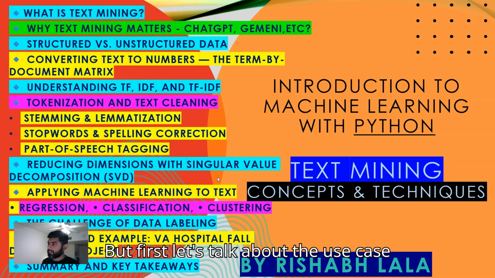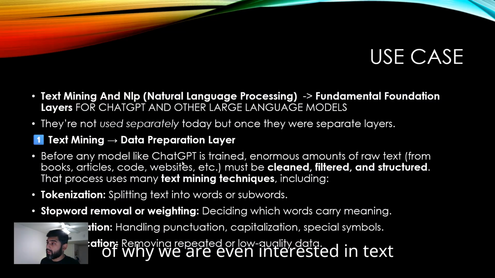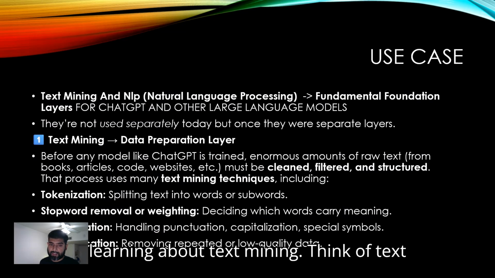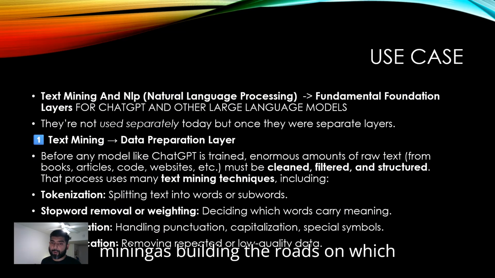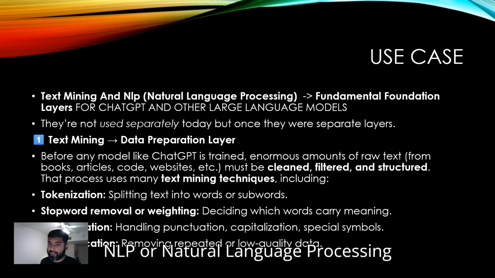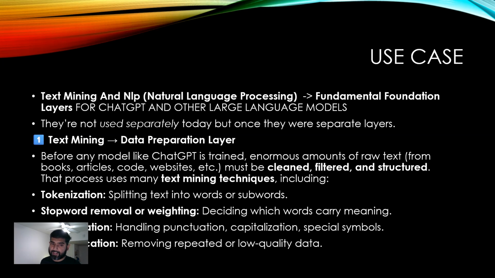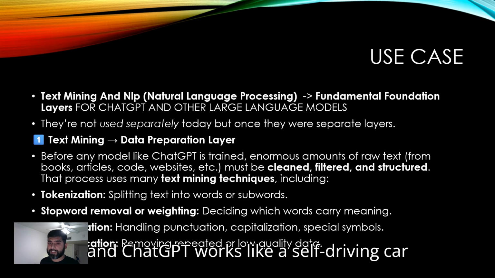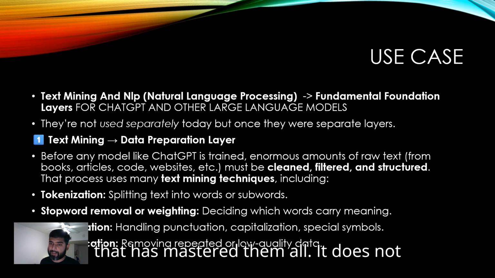But first, let's talk about the use case of why we are even interested in text mining. Think of text mining as building the roads on which ChatGPT can drive its car. NLP, or natural language processing, serves the traffic rules on the roadway, and ChatGPT works like a self-driving car that has mastered them all.